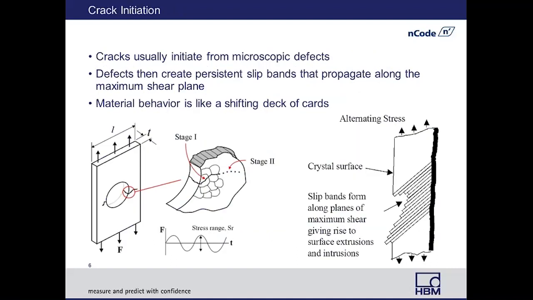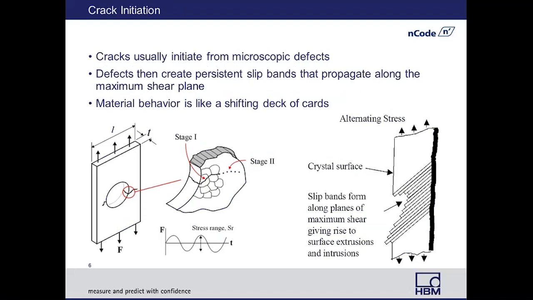Let's continue on. If we take a look at just the crack initiation phase, as I mentioned a moment ago, these cracks usually initiate on some type of defect. They're going to be microscopic in scale. On that microscopic scale, what happens is the defects will create slip bands.